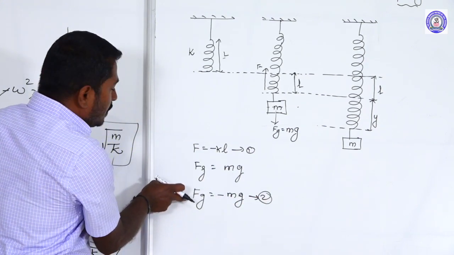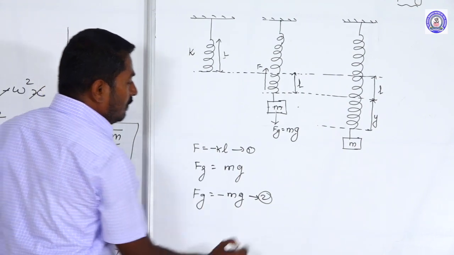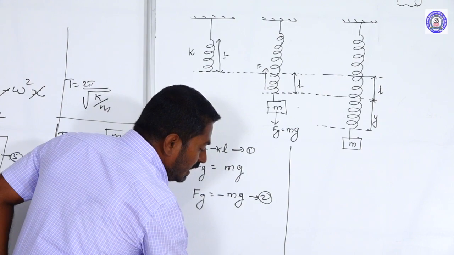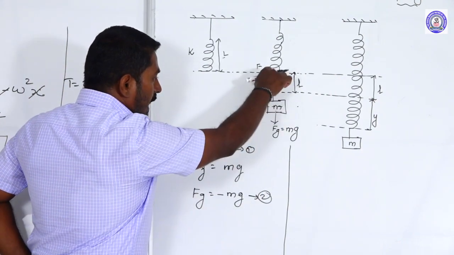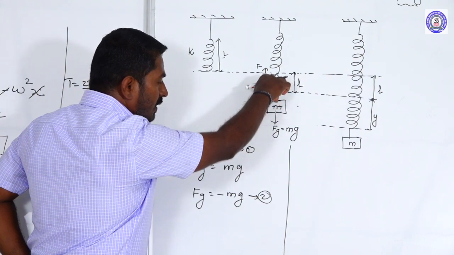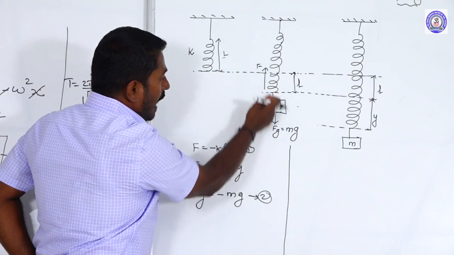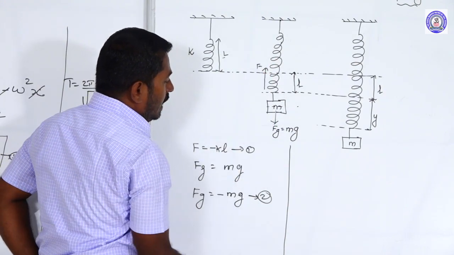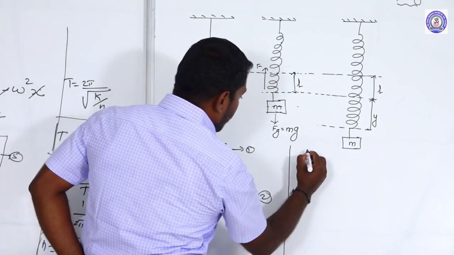Both forces are equal at the equilibrium position, where gravity acts vertically downward and the spring's restoring force acts vertically upward.